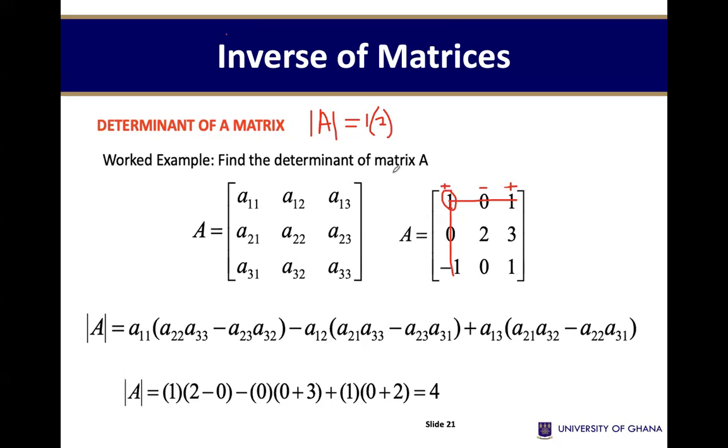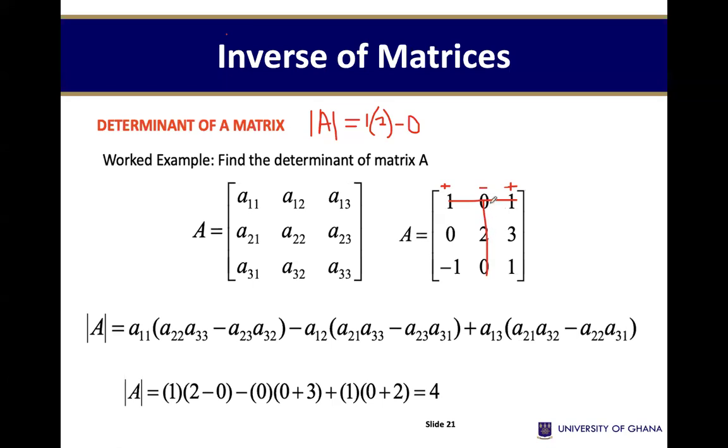When we are done with that, we can now move on and pick this 0 because that's what we are going to cancel next. So that 0 will come here. Now, why is it minus? It's minus because I've already indicated plus, minus, plus. So this minus here is coming from here. Then pick this.